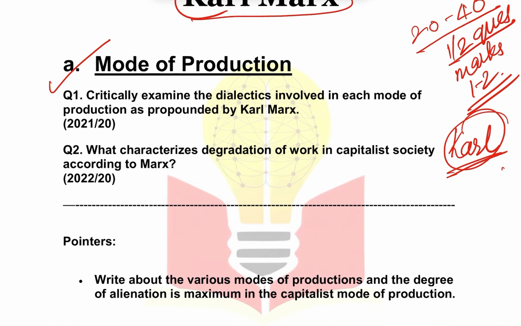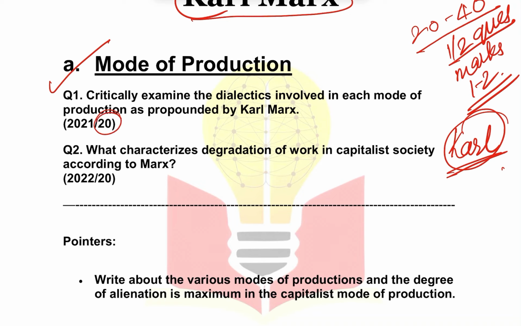We'll see the mode of production, and here there are several questions on this topic. First is: critically examine the dialectics involved in each mode of production as propounded by Karl Marx, which is a 20 marker.